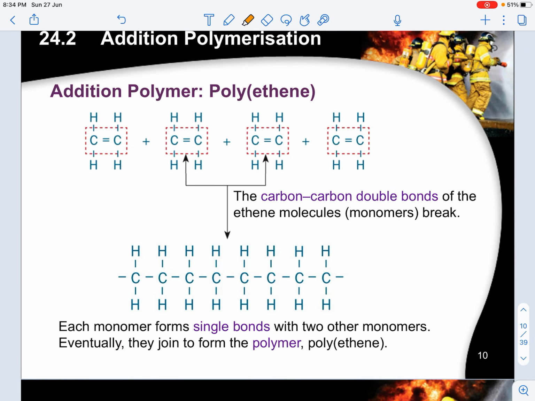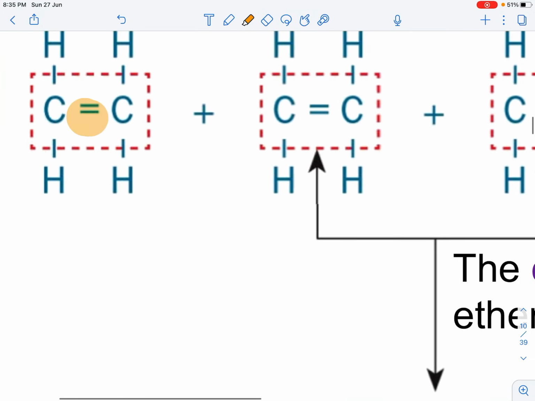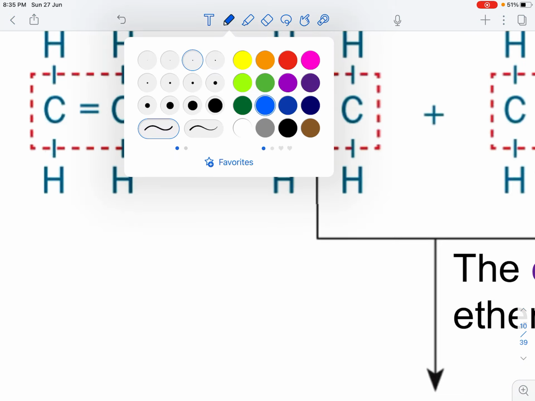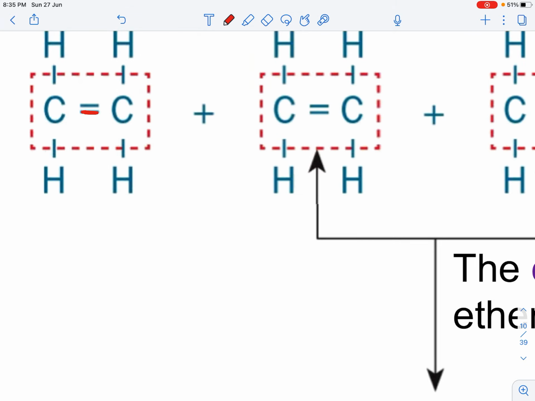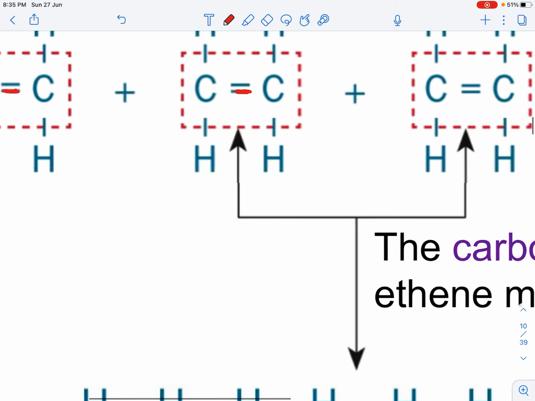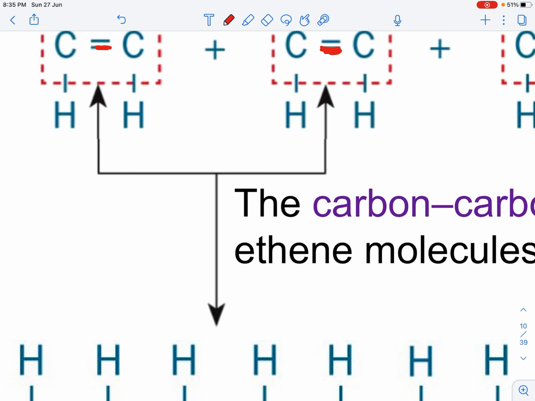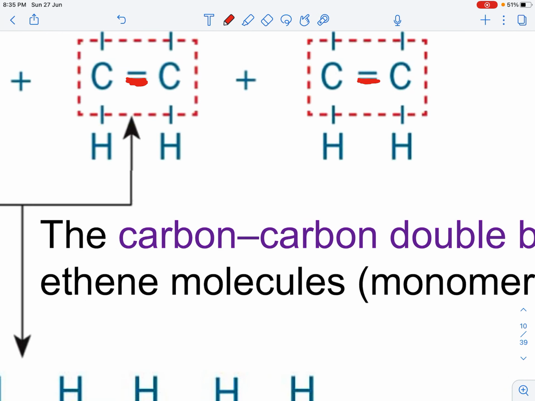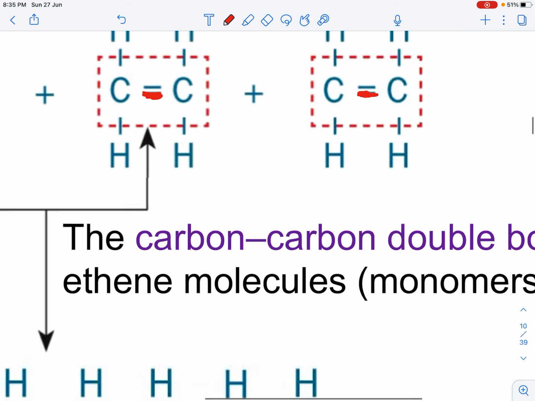So for the carbon-carbon double bond of the ethene molecules, the monomers will tend to break up. One of the bonds will actually break. When the bond is broken or overcome, it will leave each carbon with another extra single bond to be formed.